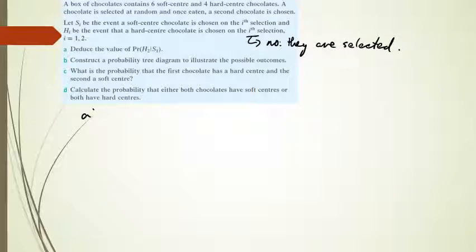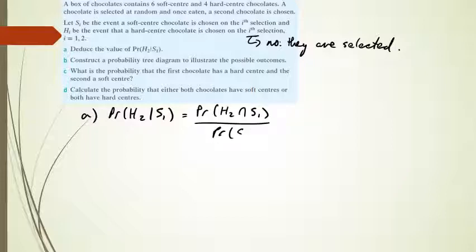So if you have a look at this first one, the probability of H2 given S1, what that means is the first one is soft, and then the second one is hard. So the probability of hard and soft over the probability of it being soft on the first one.